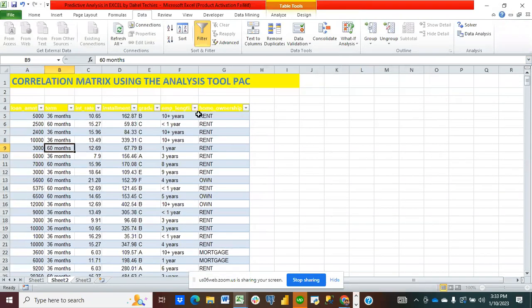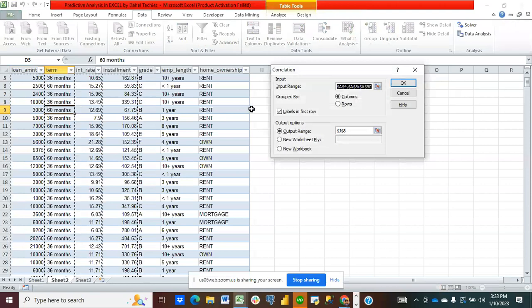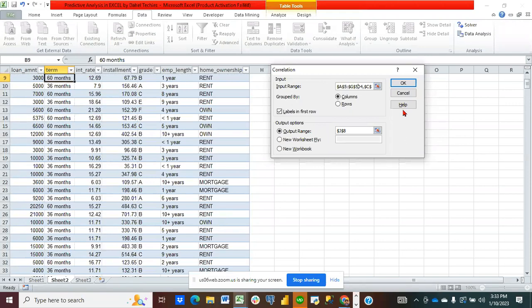All right. So let's do this again. Data analysis, correlation. Okay, I need to delete all of this.